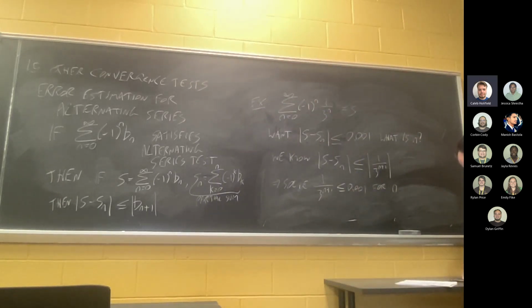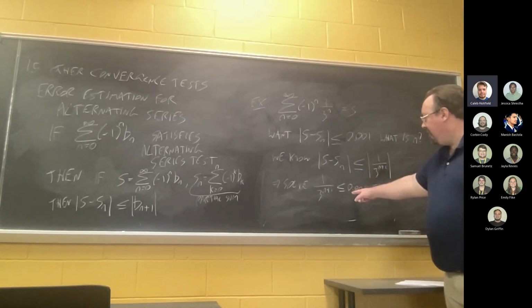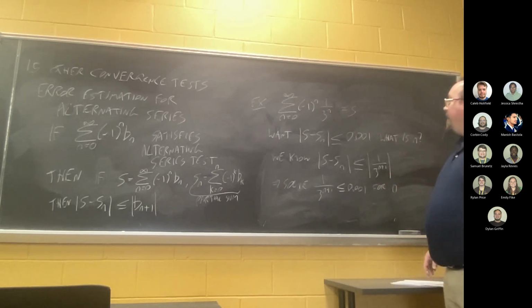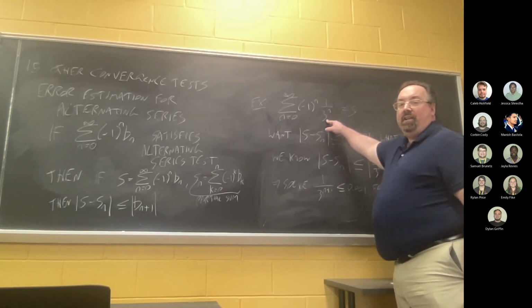Professor? Yes. Okay, how do you have 1/3 to the n plus 1, and also what's the word that starts with an S after that? I'm sorry, what are you asking? How do you have the 3 to the power of n plus 1? Okay, so whatever expression we have here, we need to replace n by n plus 1.